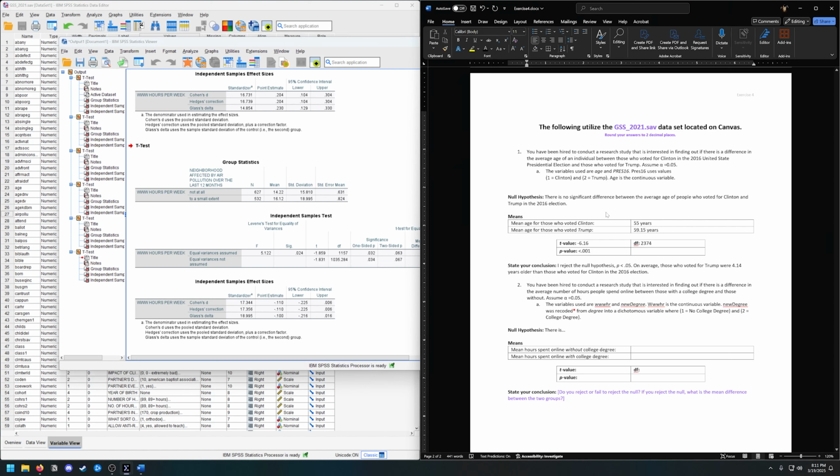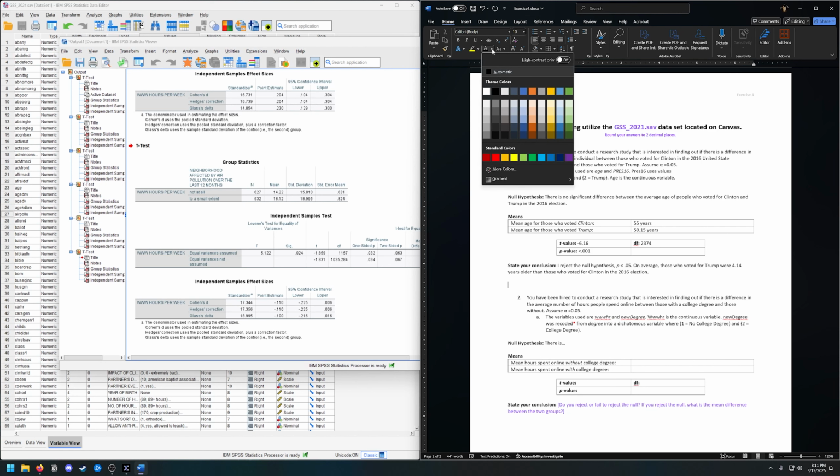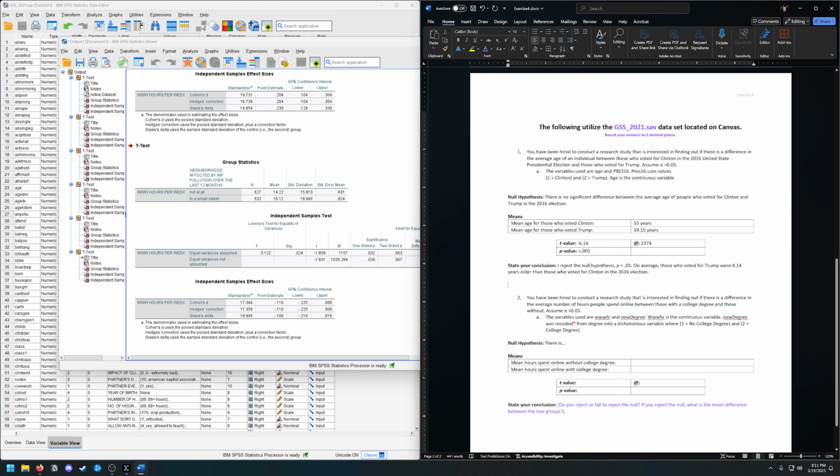Thus, if this was the question, say that these were the numbers for this, just as an example, then what you would write instead, and I'm going to put that in blue, again, this is just an example, you would say, I fail to reject the null hypothesis because the p is greater than 0.05.